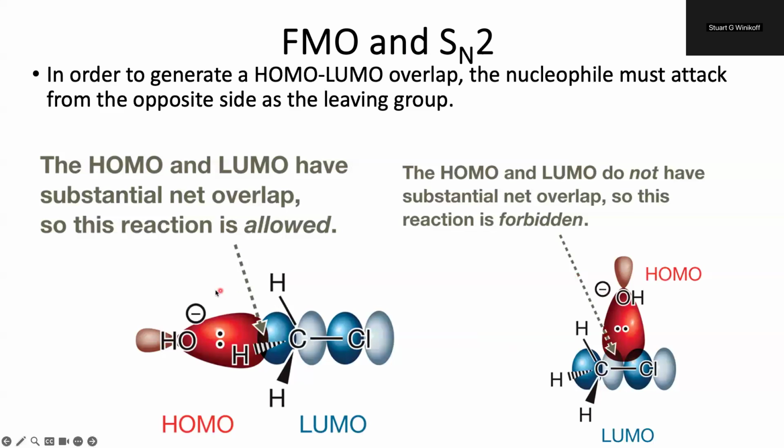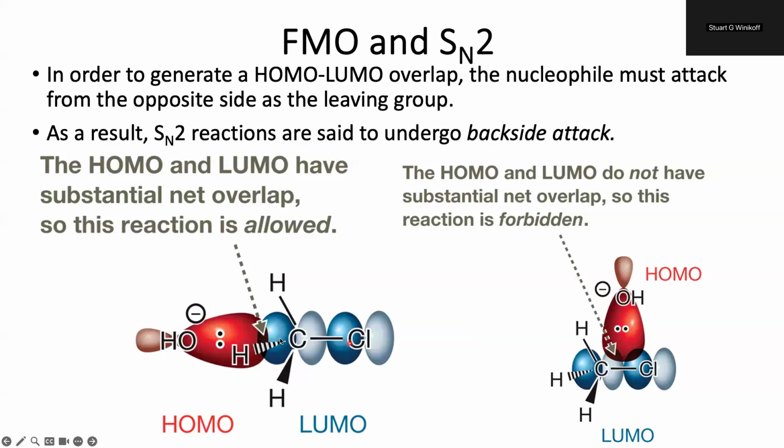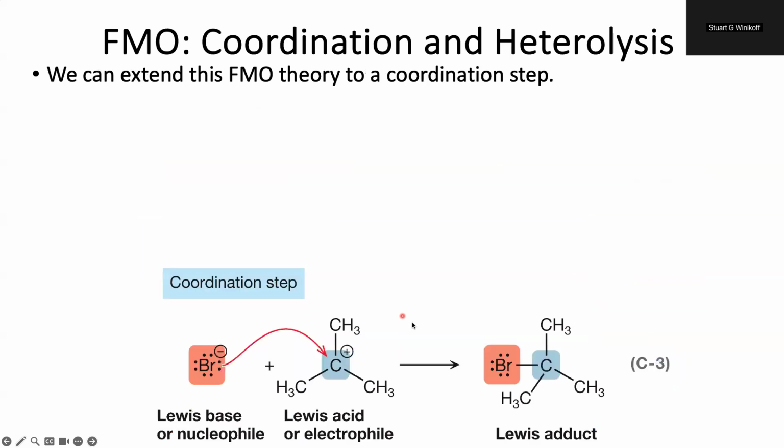So again, it has to be that head-on attack from the opposite side of the leaving group. Now, because we have to attack from that opposite side, SN2 reactions are also said to undergo backside attack. If the front side is that leaving group, the backside is this open area of electron density. And the HOMO comes in, places the electrons right there, pushes the chloride out.